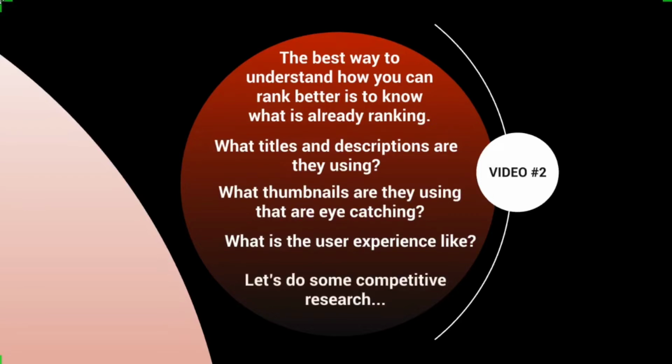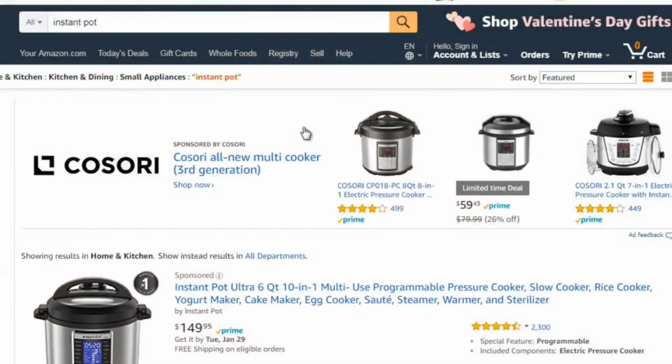So let's go ahead and do some competitive research. For the sake of making sure that we find YouTube videos that actually relate to promoting a product, what I want to do now is pick a product out of the blue and take a look at YouTube.